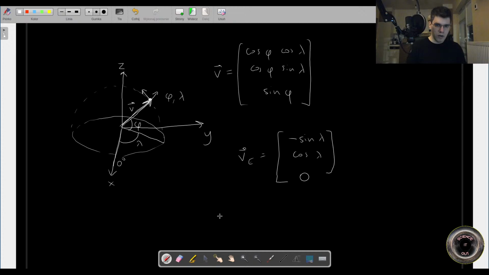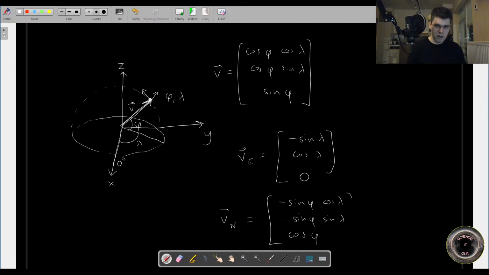And the vector pointing north will be a bit more complex, so it will have cosine of phi here, and then it was minus sine of phi cosine of lambda and minus sine of phi sine lambda.